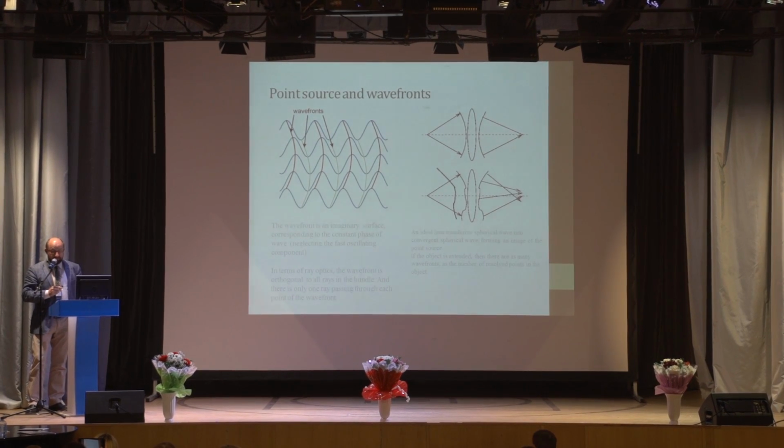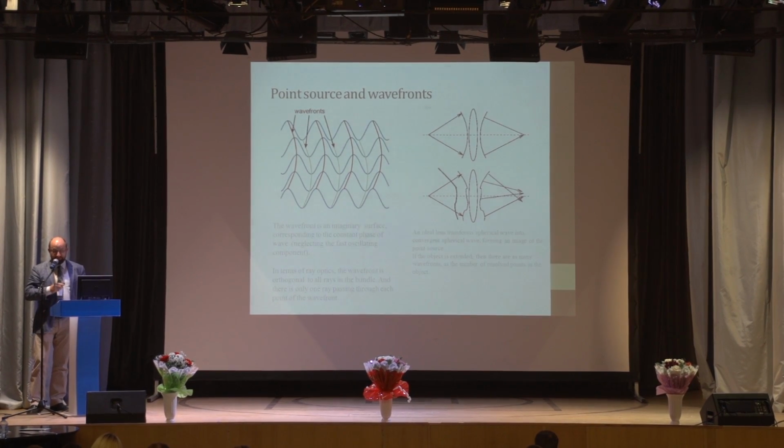Now, what is important is that basically when you have a point source, you have only one wavefront, and usually it's a spherical wavefront. And then you need to have spherical wavefronts to be able to form images. And another thing is that if you have one wavefront, then usually you have image of only one point. So if you have an extended object, then you deal with incoherent light.